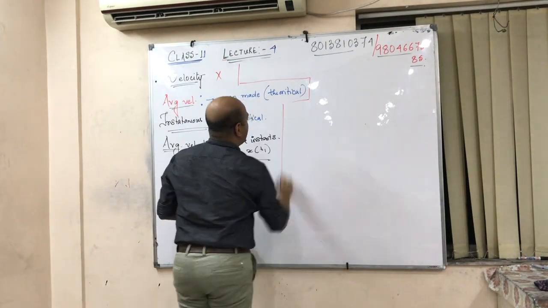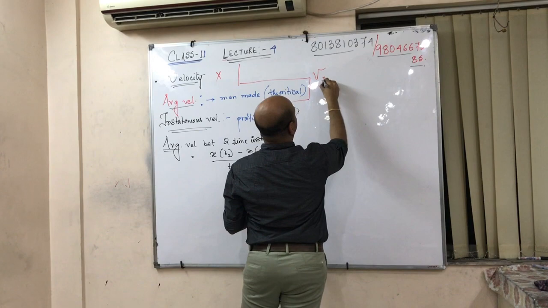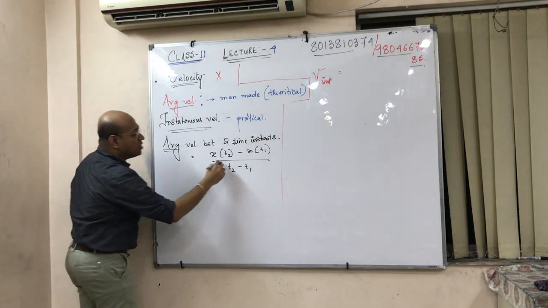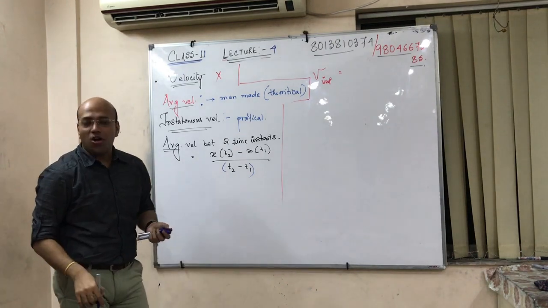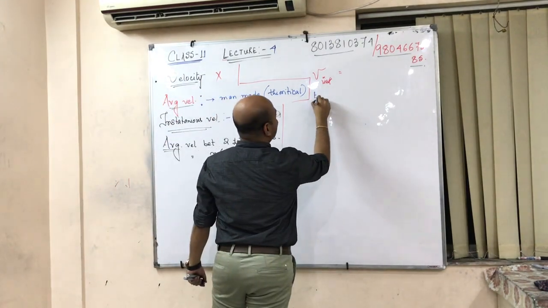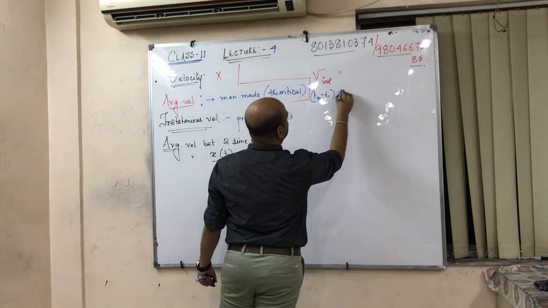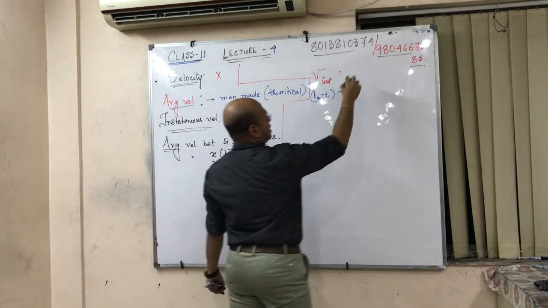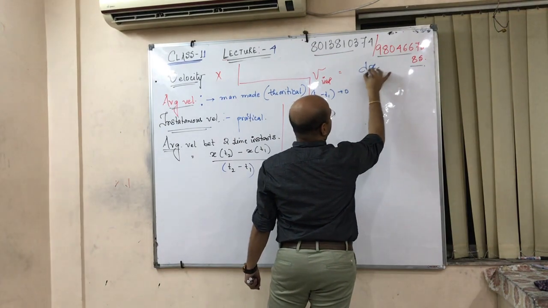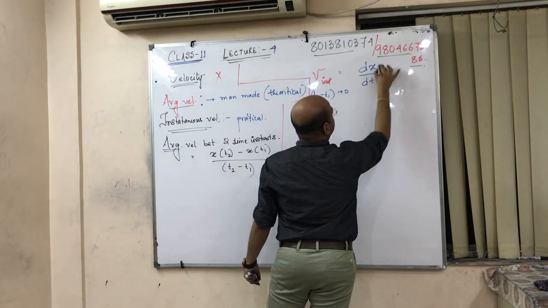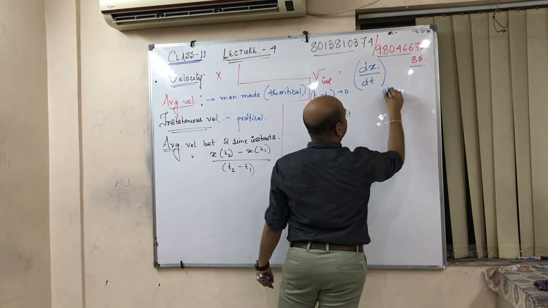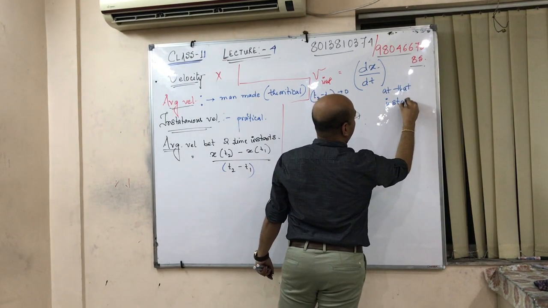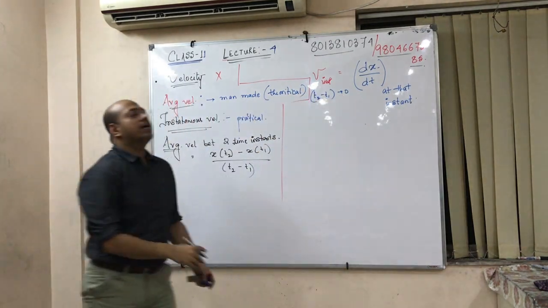And what is instantaneous velocity? In the same concept, when the difference of the time interval tends to 0, we use dx by dt at that instant.